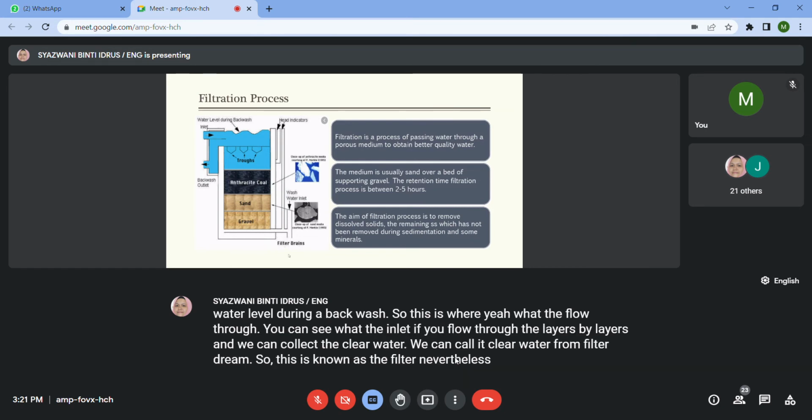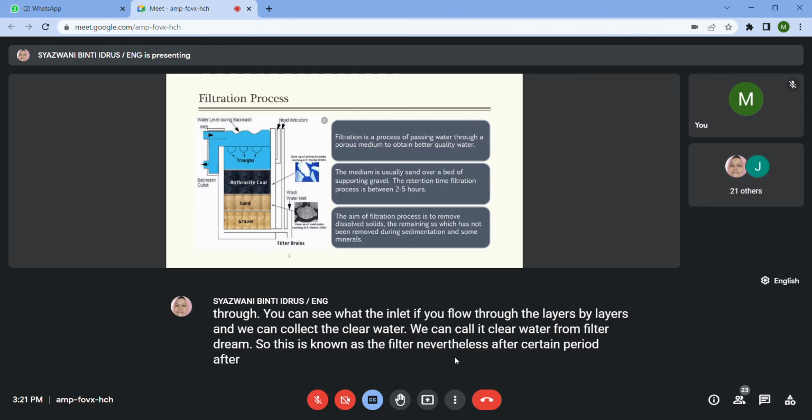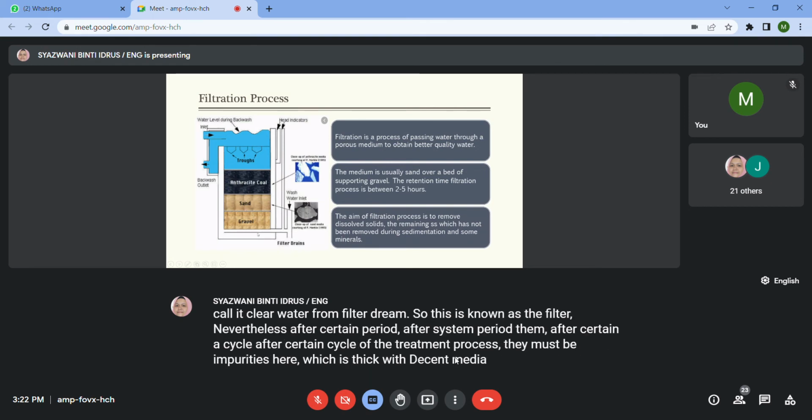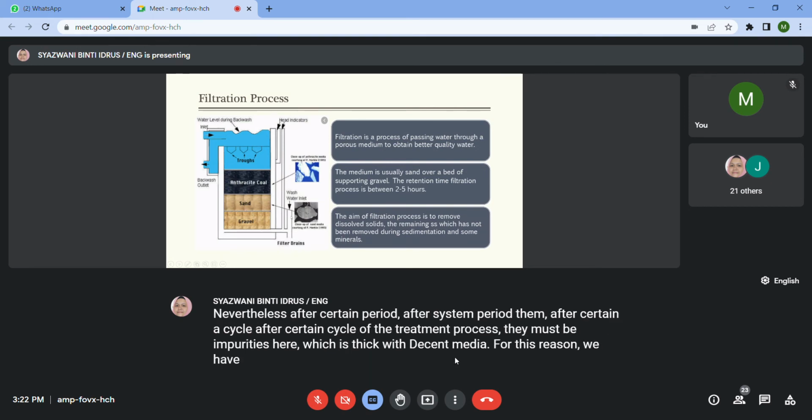Nevertheless, after a certain cycle of the treatment process, there must be impurities which stick within this media. For this reason, we have to pump in air, followed by water, through the wash water inlet point.